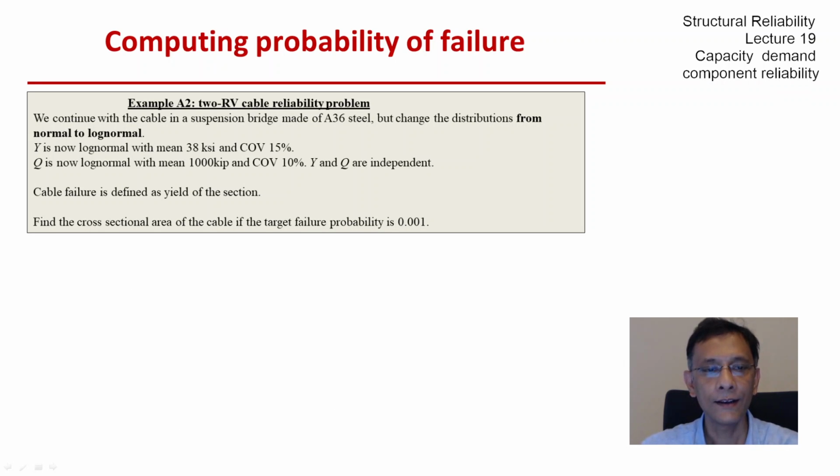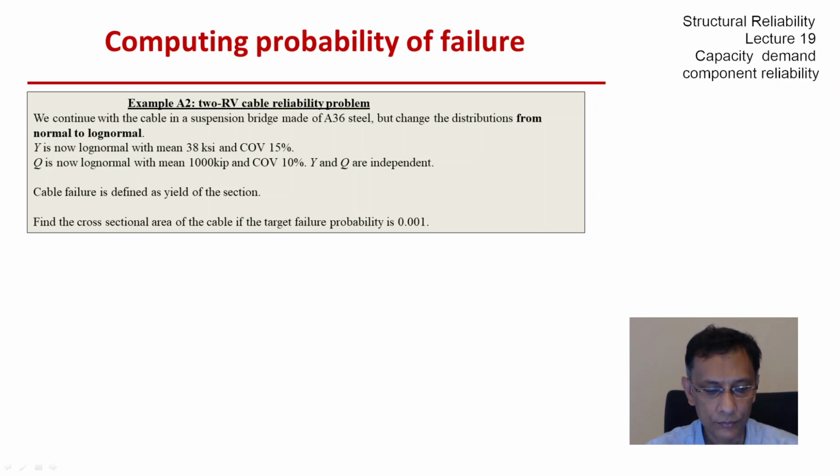Here we stay with the same problem but put a little twist. This is what we are calling example A2, and if you just read it carefully, you will see that there is one difference from example A1, which is that the distributions of Y and Q are each log normal.